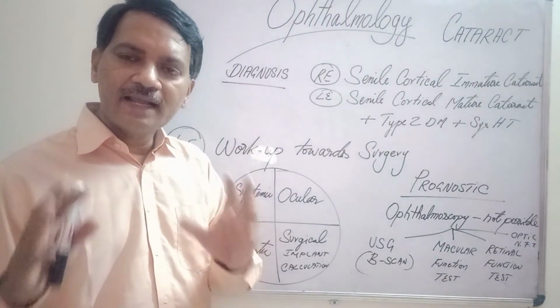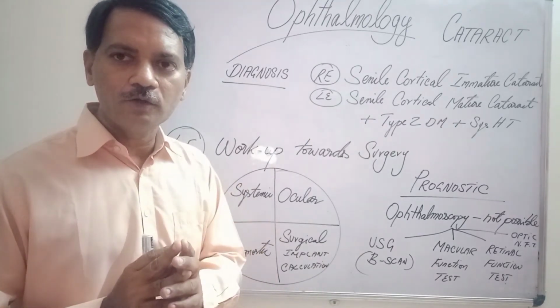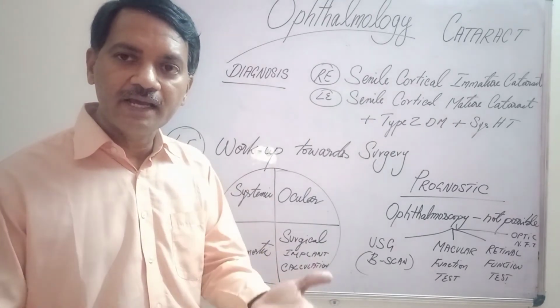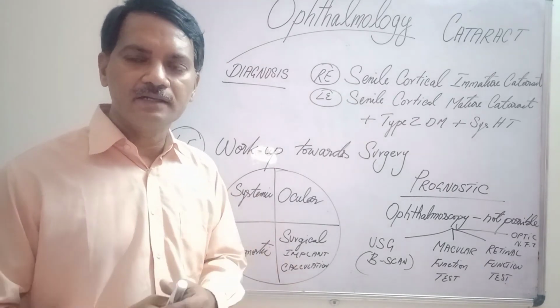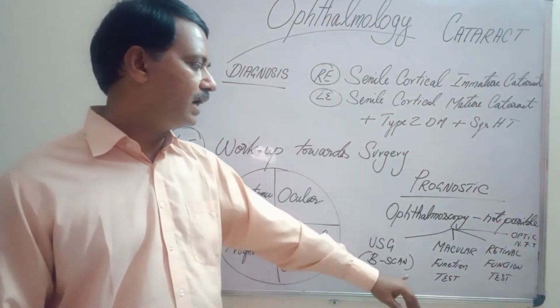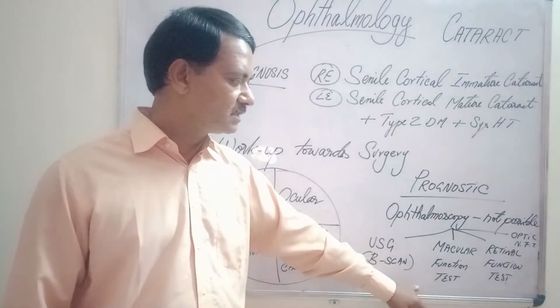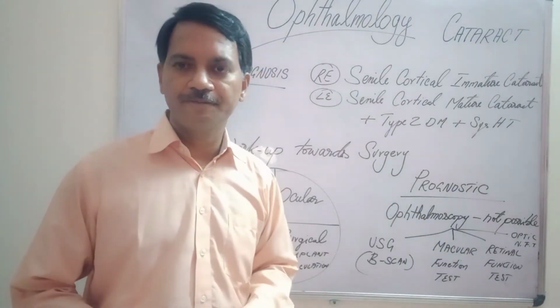Once we know that anatomically it is normal, we cannot stop there. We have to find out whether the retina behind it, the macula behind it, the optic nerve behind it is functioning normally or not. For that, we have to do a macular function test, retinal function test, optic nerve function test.